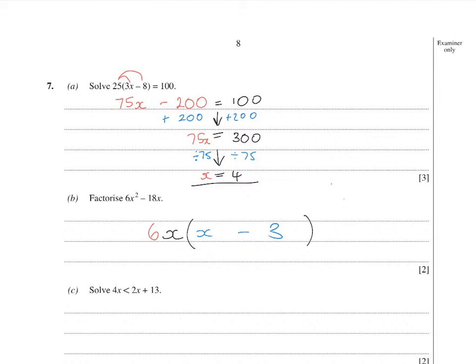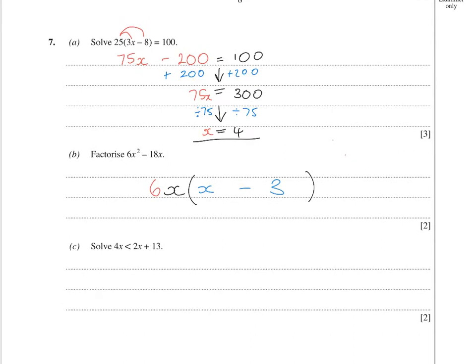Next one, which is an inequality, which is a glorified version of basically what we had up here. No difference at all. So arrow down there, inequality sign. Looking for the smallest x, that's 2x. You take it off each side. So we're going to get 2x is less than 13.